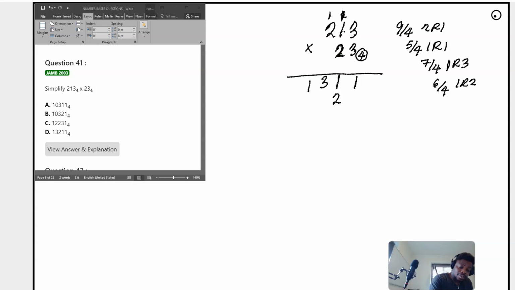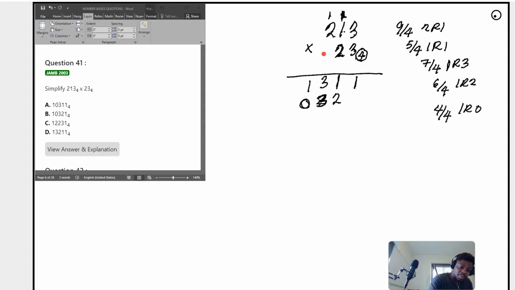2 times 1, 2, plus 1, 3. 3 is less than 4, so you don't have to divide. Okay, so you write 3. Okay, 2 times 2, 4, right? 4 is equal to 4, so you divide. 4 divided by 4, 1 remainder 0. Write 0, carry 1.